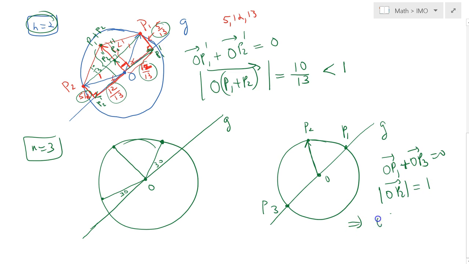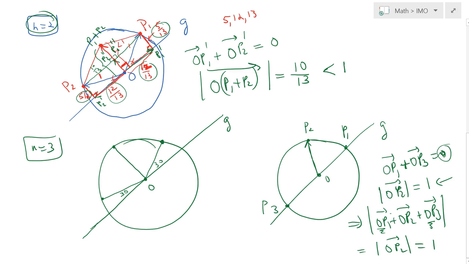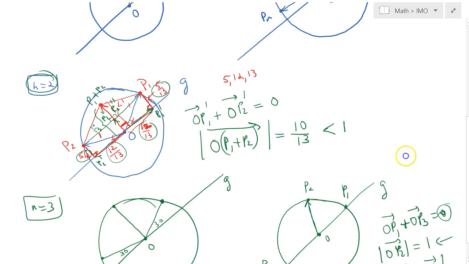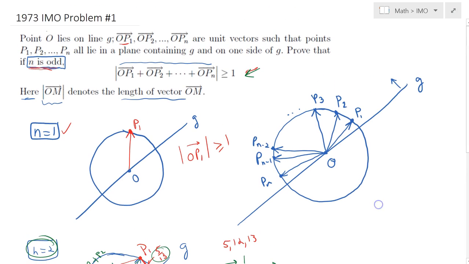Remember that OP1 plus OP3 we just established is equal to 0, so the magnitude of OP1 plus OP2 plus OP3 is equal to the magnitude of OP2, which we just showed is 1. So this gives you an idea that the claim is definitely true. Intuitively it makes sense.